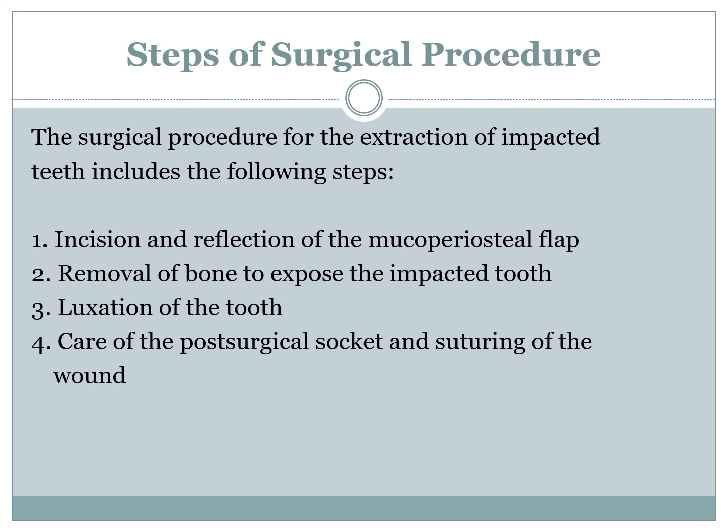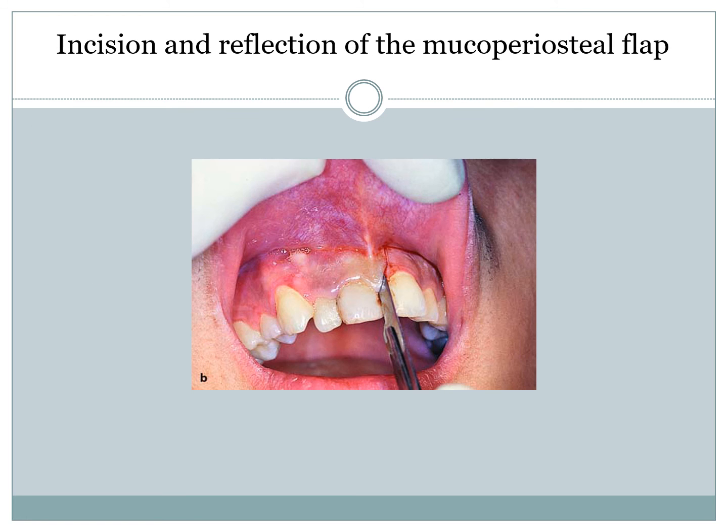Then luxation of the tooth, care of the post-surgical socket, and suturing the wound. After the luxation, we take the tooth out and the post-surgical socket is cared for using irrigation, and suturing without gapping, a tight closure of the wound.